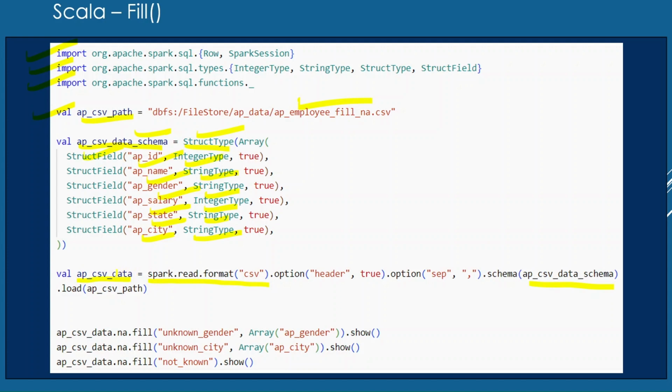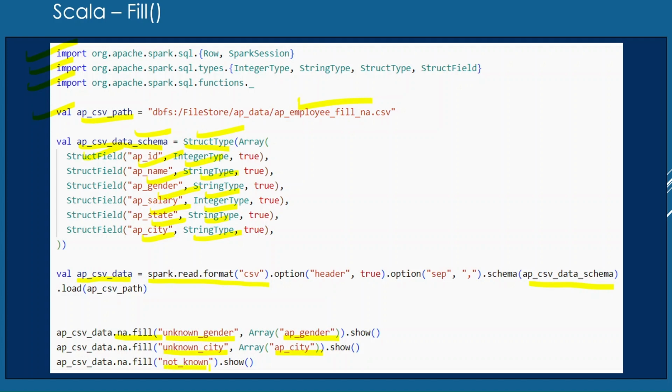Once the data frame gets created, then with the help of the na.fill function for this AP gender column, I am filling it with unknown gender if this AP gender column has any null value. For AP city, if there is a null value present in the AP city column, it will be replaced with unknown city.